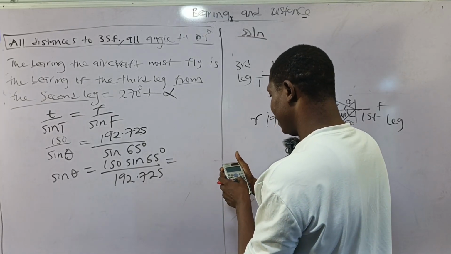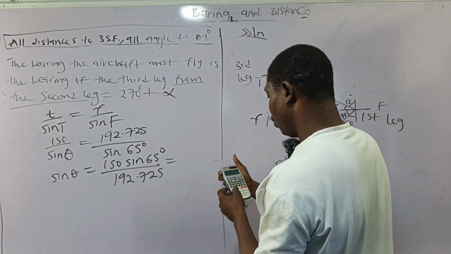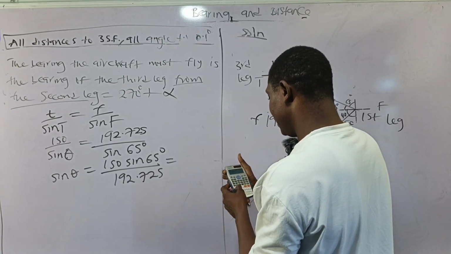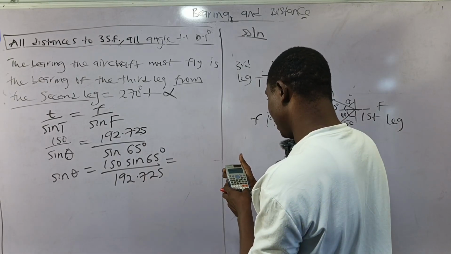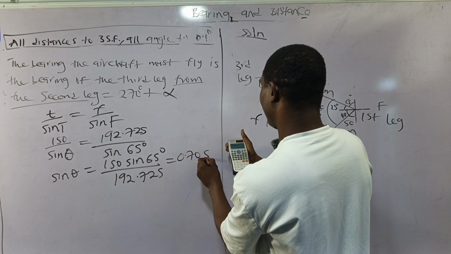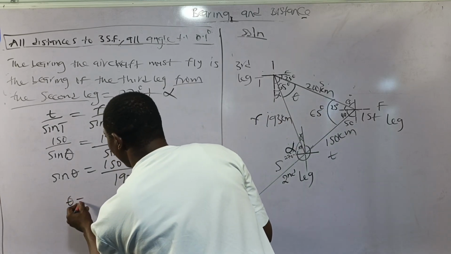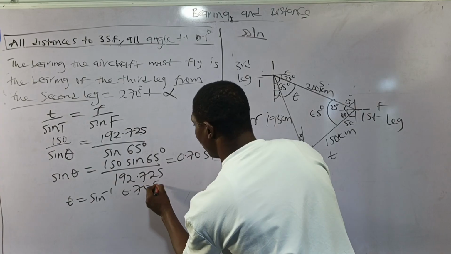Now my theta will be equal to 150 sine 65 divided by my answer, which gives me 0.7054. So theta will be equal to the sine inverse of this value, 0.7054.